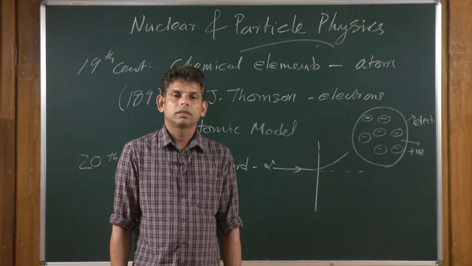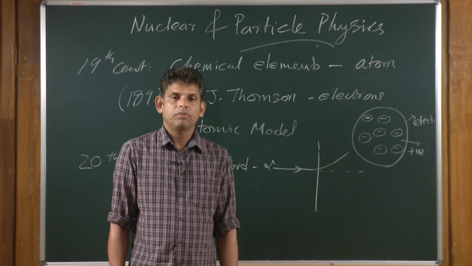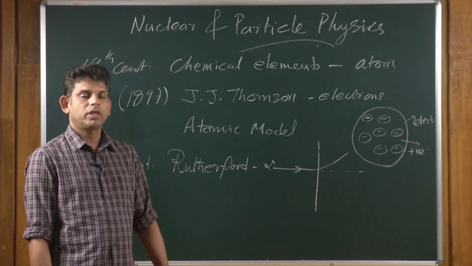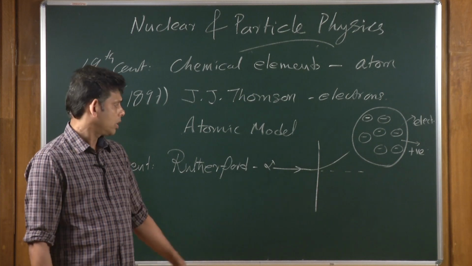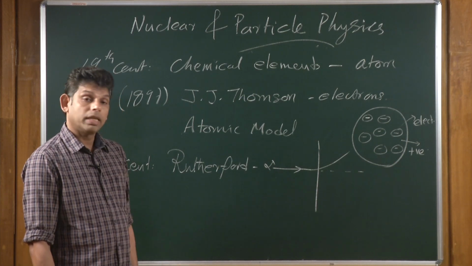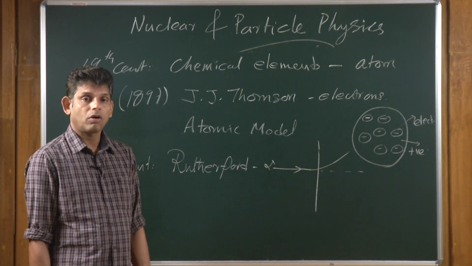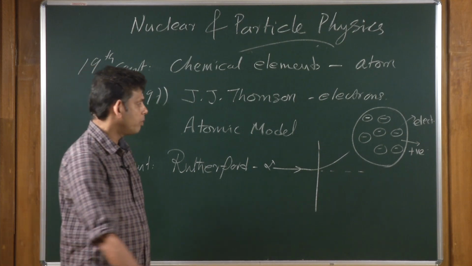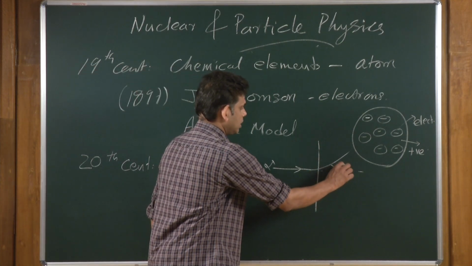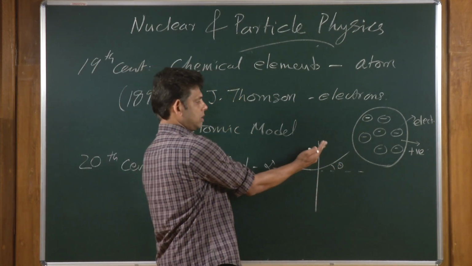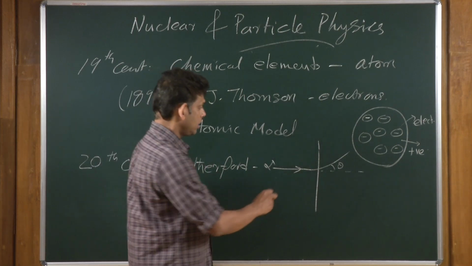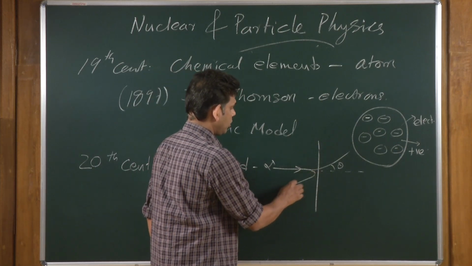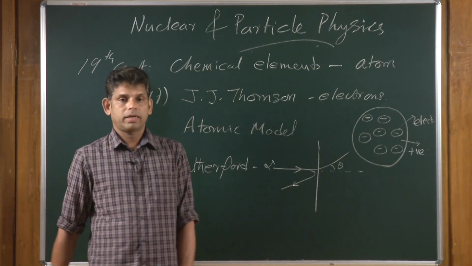But then Rutherford and his team looked closely and specifically looked for things like the large angle scattering of this alpha particle, by which we mean the angle becomes large, more than 90 degrees, and then what happens? They will kind of come back.